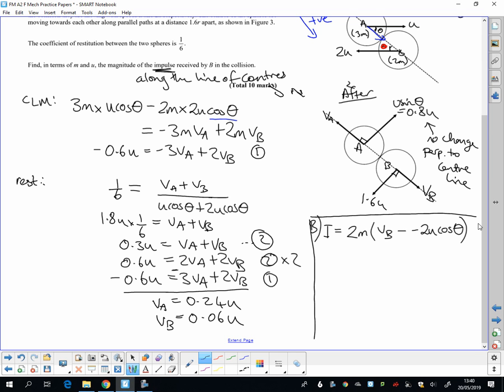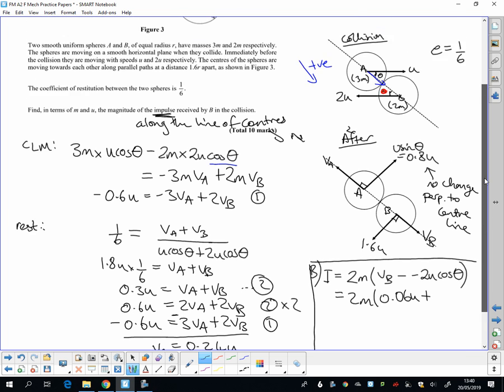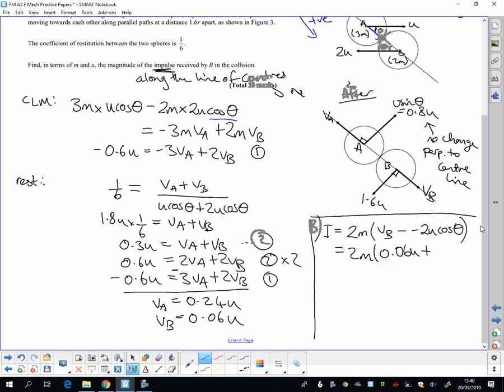And then I just put in the numbers I've got. Afterwards, its component of the velocity was 0.06u. Initially, we can sub in cos theta, so cos theta was 0.6. And then simplify that. 2.52m.